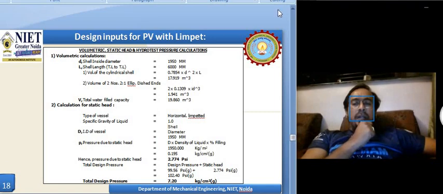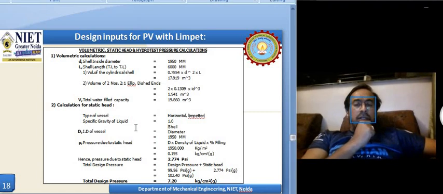Now, if you see the volumetric calculation, the inside diameter and the shell length are considered along with some factors. So we get the capacity as approximately 19.86 meter cube. So it is equivalent to 20 meters cube, or almost 20,000 liters capacity.